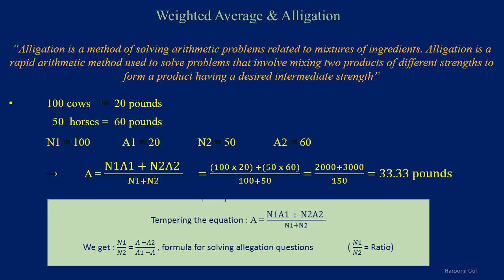Now if we temper the same equation, we can get the formula for alligation, which is N1 over N2 is equal to A minus A2 over A1 minus A. Through this formula we can find out the ratio of two values, right? Let us move to our next slide.